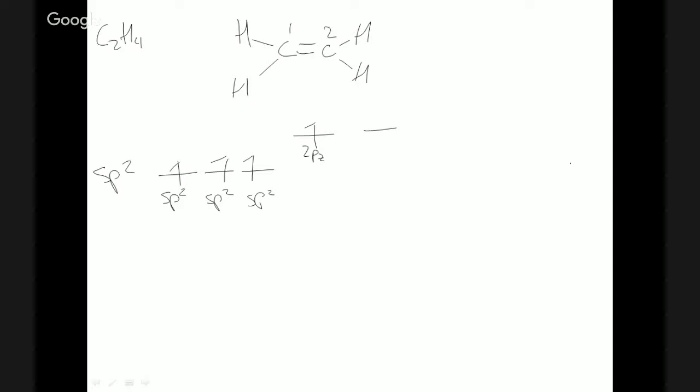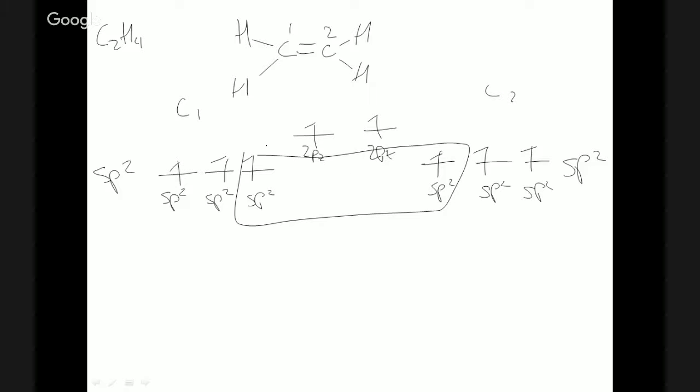You got another one over here. This is carbon 1, carbon 2. All right, sp2 orbitals, 3 of them. 2pz. Now, which bonds are which? Here is our C sigma, right? Single bonds, sigma bonds, sp2, okay?